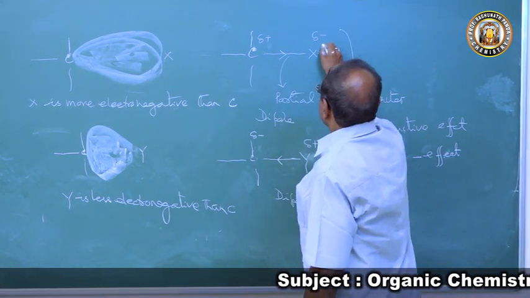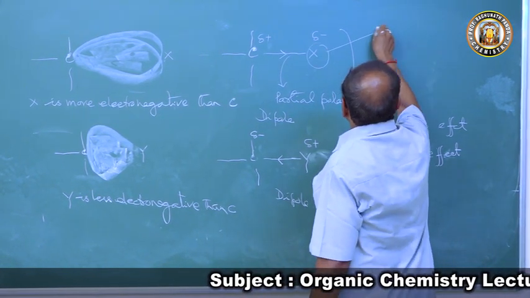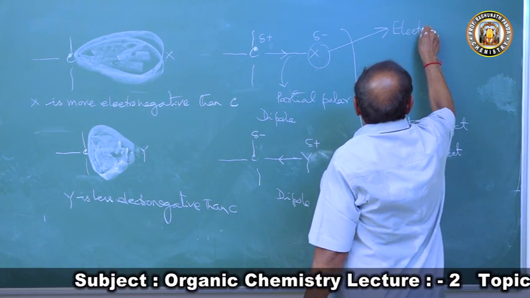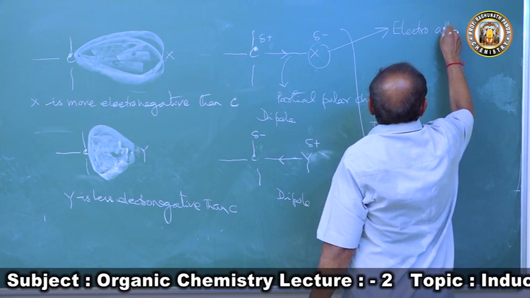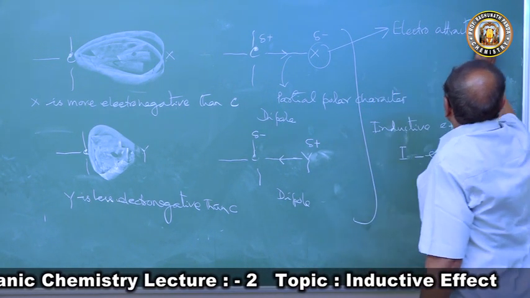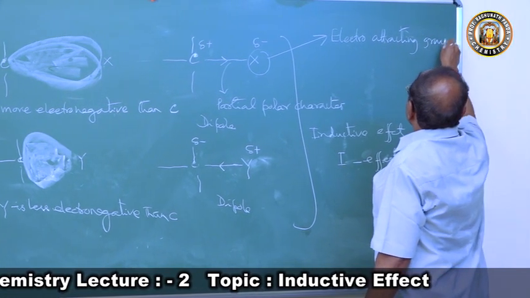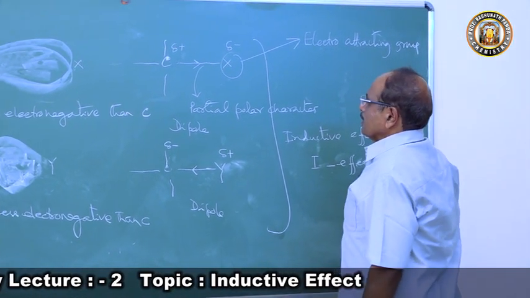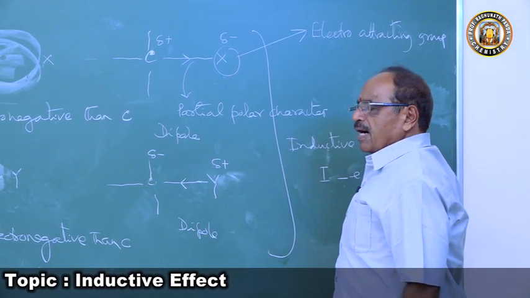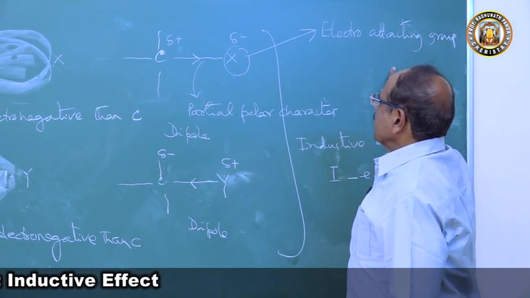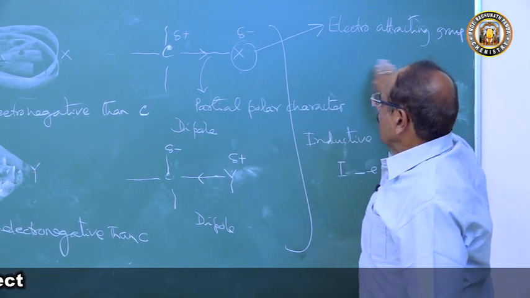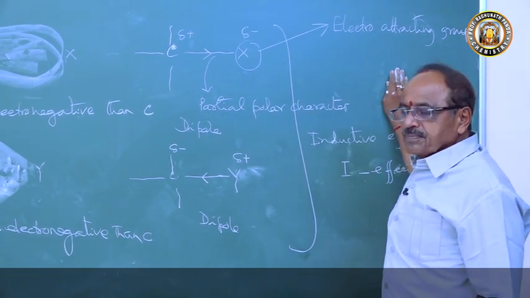Hence, this X is called as electron attracting group. The X is pulling the electron cloud away from carbon. So the electron cloud goes away from carbon.